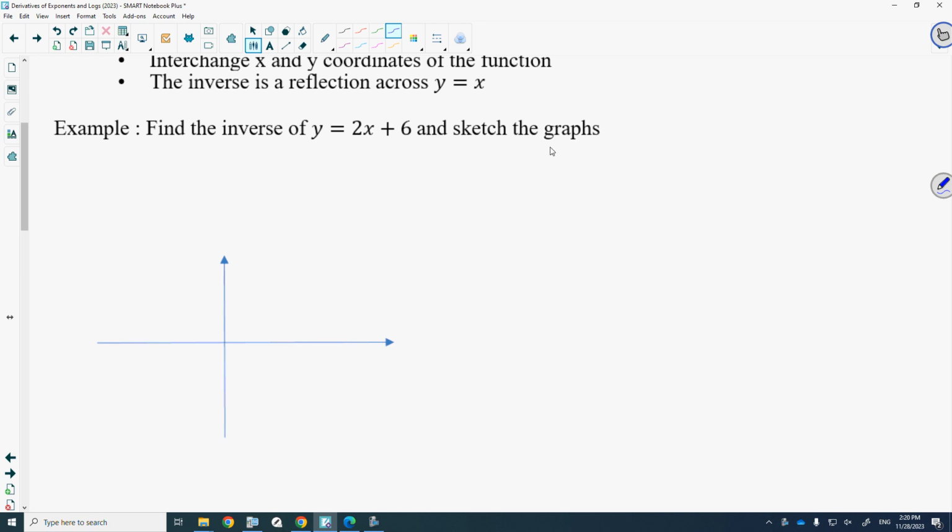So first thing, let's just look at this original function here. Let's sketch this, and then we'll figure out what the inverse function will be. So y is equal to 2x plus 6. If we sketch this, this is in the form of y is equal to mx plus b already. So that means that the y-intercept of this graph is going to be at 6.